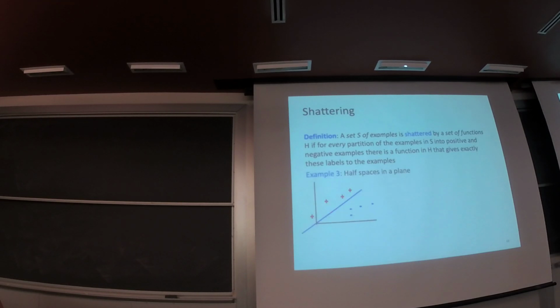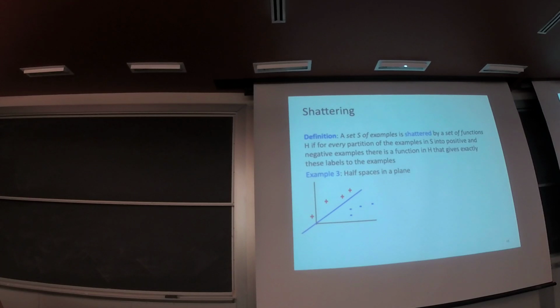So now let us look at the third example, linear functions in two-dimensional space, also called half spaces. Half spaces meaning that if I perform linear classification in the plane, let's ask how many points the linear classifier in the plane can shatter at most.